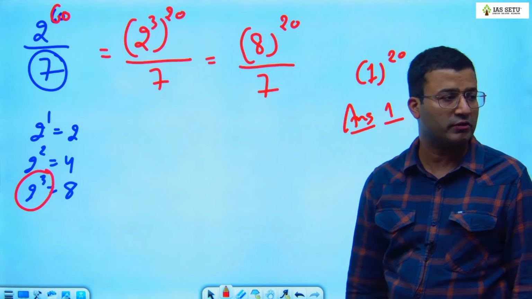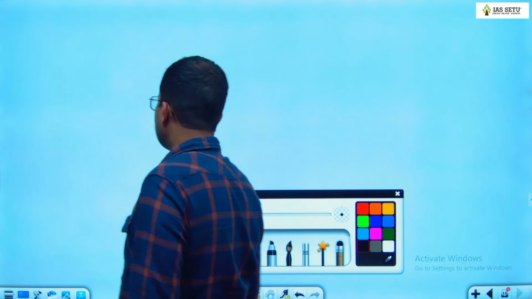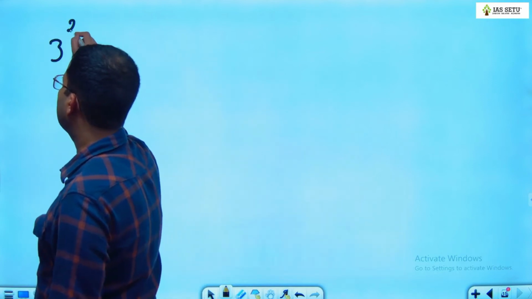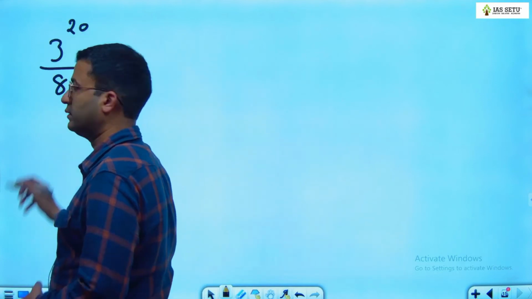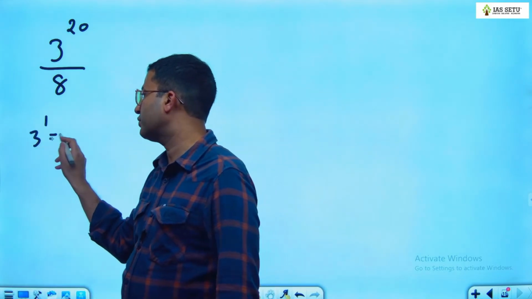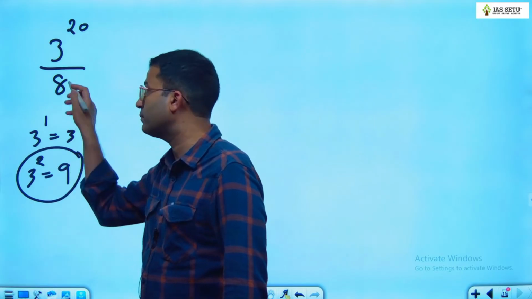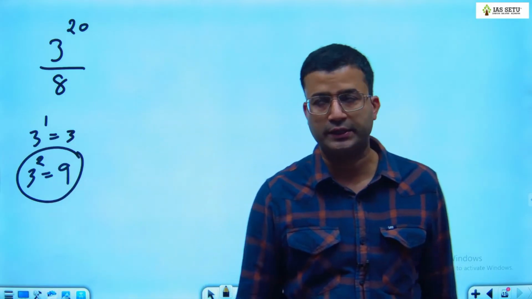1 to the power 20, our answer is 1. Similarly, take 3 to the power 20 divided by 8. 3 to the power 1 is 3, 3 square is 9. Why 9? Because it is 1 extra as compared to 8.